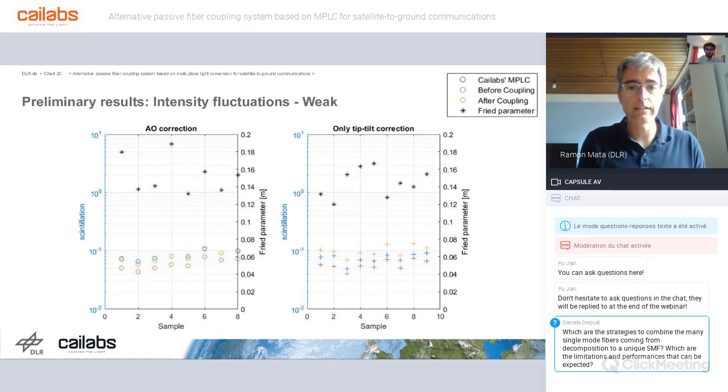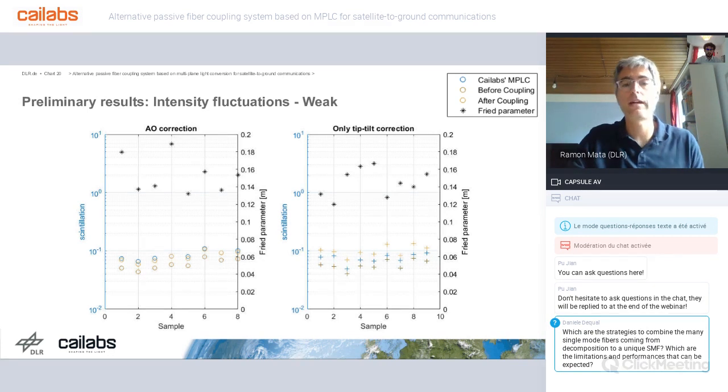So in the weak, here you can see the red ones, as expected, are the lowest, so it's the best we can get, the least fluctuation that we can get. On the right picture, you see only tip tilt correction. So in that case, only the tip tilt was active, and it was active for both paths, for the Cailabs MPLC and for the single mode fiber coupling.